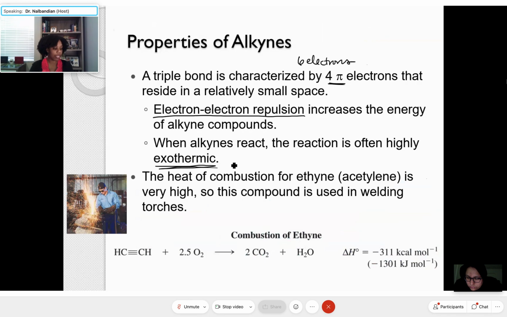So alkynes are super reactive. They can do polymerizations. We looked at polymerizations with alkenes, but alkynes can do polymerizations very easily. And they can also do explosive decompositions.